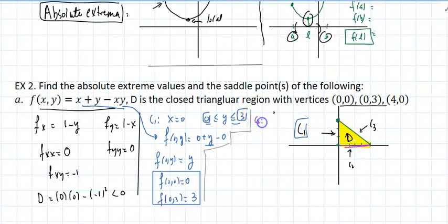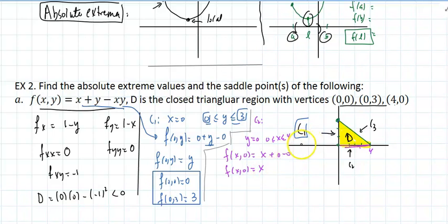Along C2, what I noticed is that y equals 0 and x varies between 0 and 4. So if I find f of x, because it's varying, and let y equal 0, that's going to be x plus 0 minus 0. F of x, 0 is actually x.